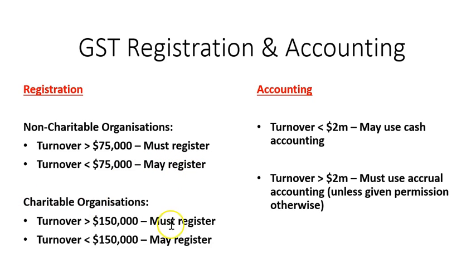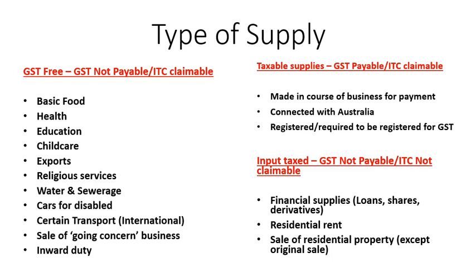Charitable organisations must register if their turnover is more than $150,000, but again, they also have the option to register if it's less than $150,000. In terms of GST accounting, if the turnover is less than $2 million, they may use cash accounting, and if it's more than $2 million, then the company must use accrual accounting, unless they have been given specific permission otherwise.